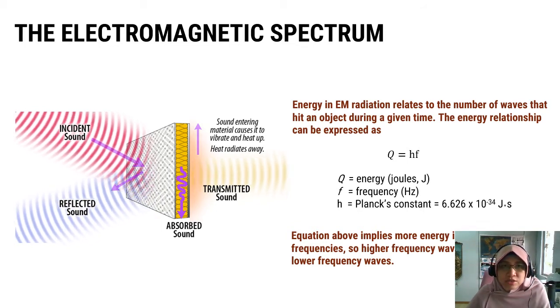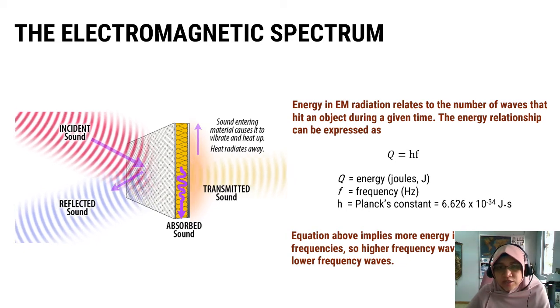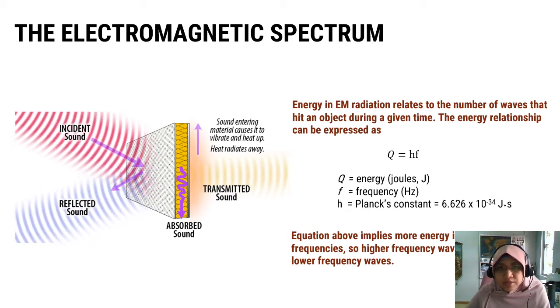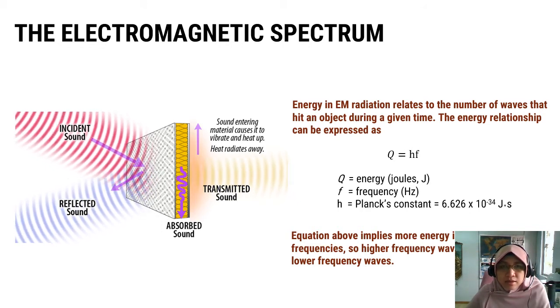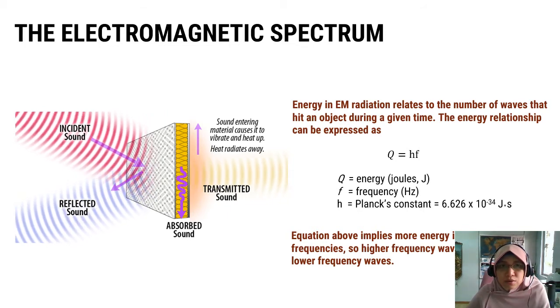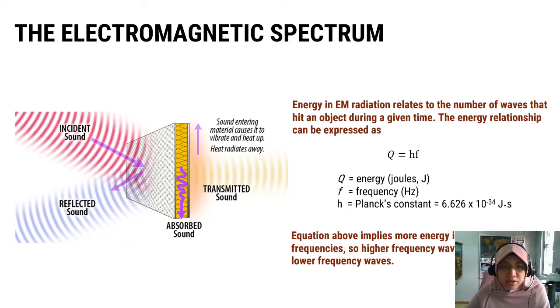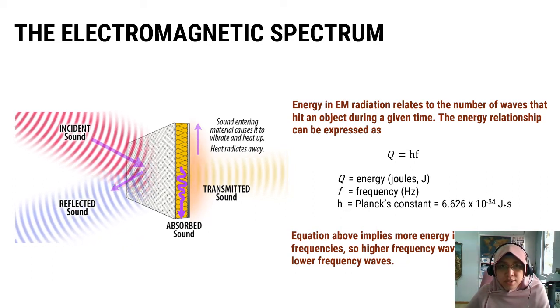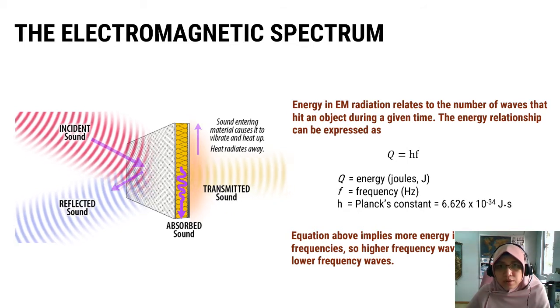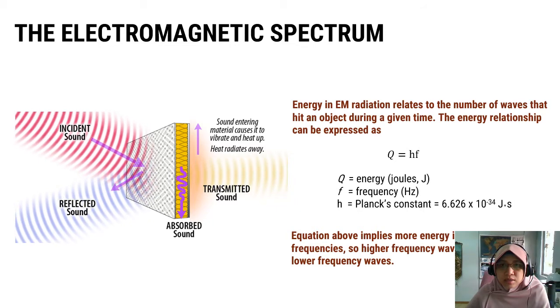This energy relationship can be expressed as Q equals h times F. This equation implies more energy is available at higher frequency, so higher frequency waves have more energy than lower frequency waves. For example, radio frequencies have much less energy than X-rays. That's why we can walk through radio waves all day long without worry, but must take extra precaution around medical X-ray equipment.